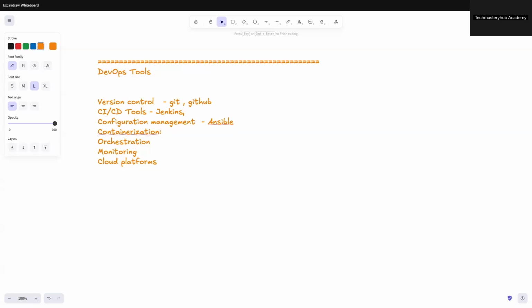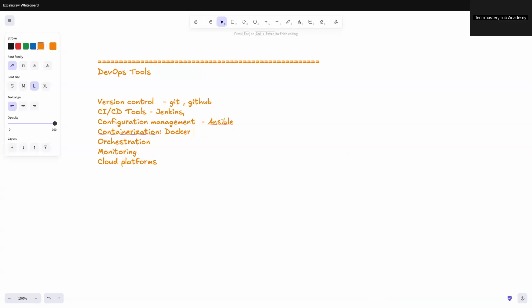Next tool is for containerization. So the most famous tool is Docker. The purpose of the tool is to package an application along with its environment. Earlier, it works on my machine, but not on your server.